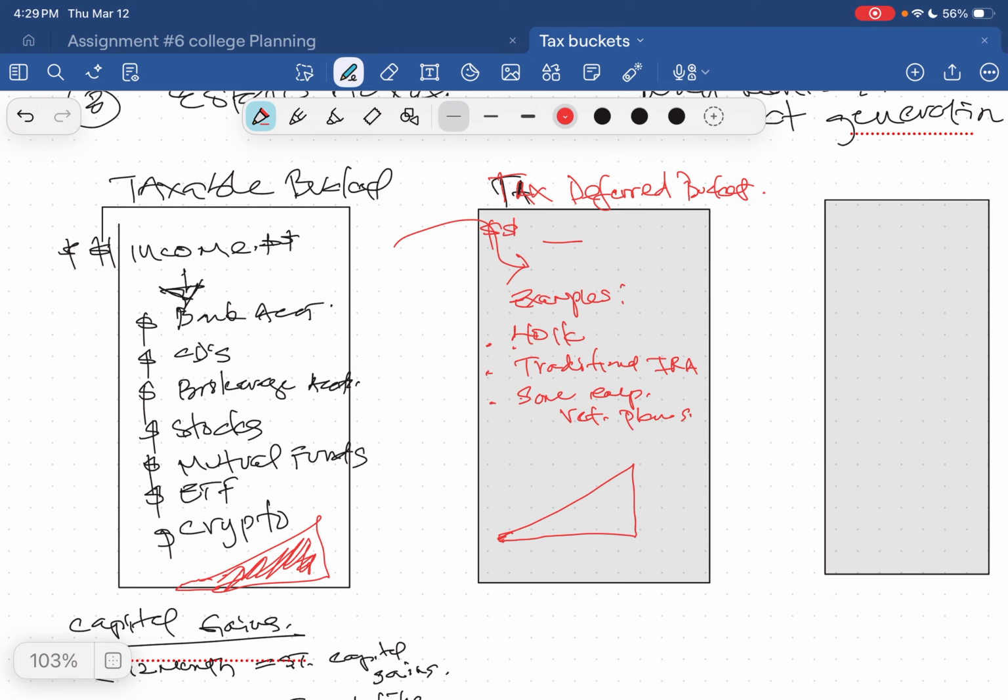This one is basically zero tax at the beginning, but when you retire, taxes are then taken out at the end. Let's say this is a million-dollar 401k retirement account, and you start taking out 100k per year, that is taxable income for that year.